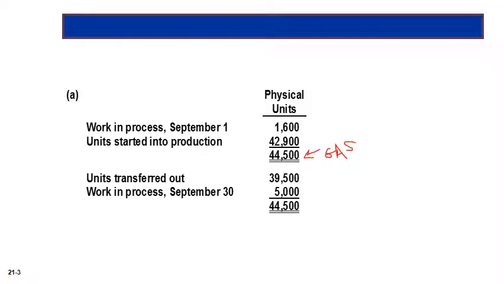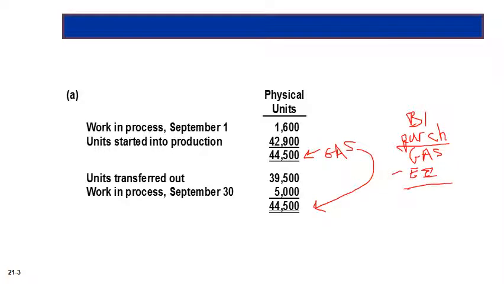They're kind of flipping this. Usually we take the beginning inventory, add our purchases, which is our stuff that we started during the period, and that gives us our goods available for sale. Then we subtract our ending inventory, which gives us our cost of goods sold.